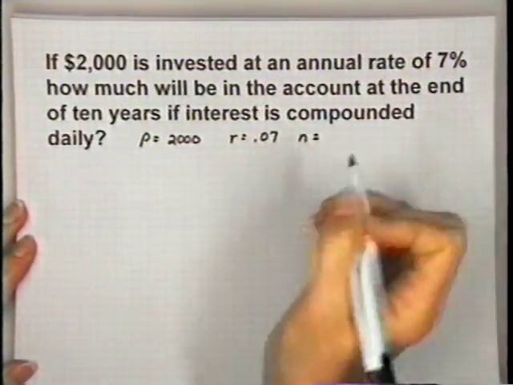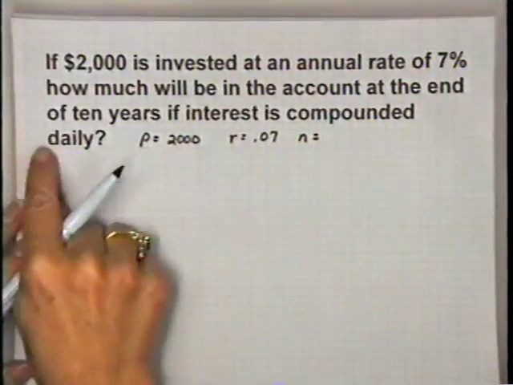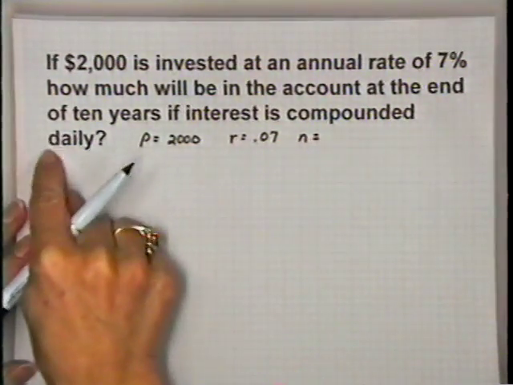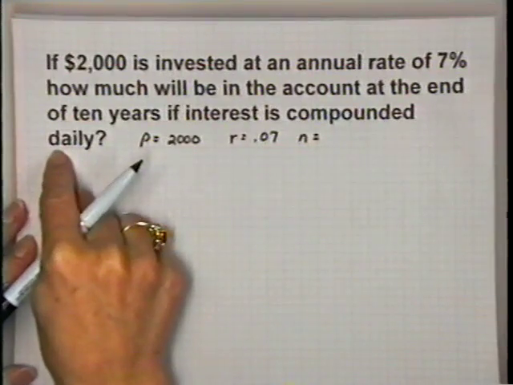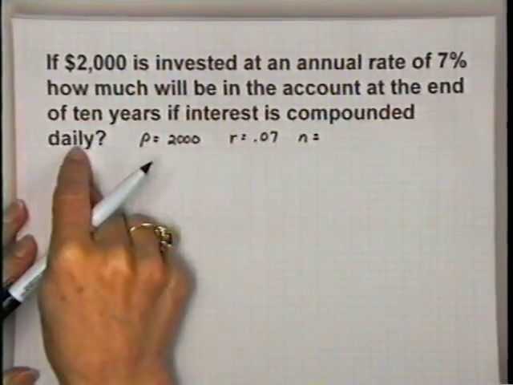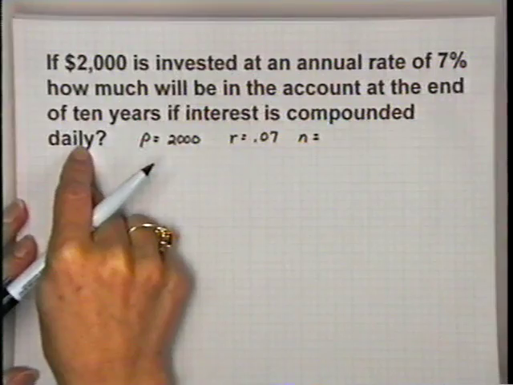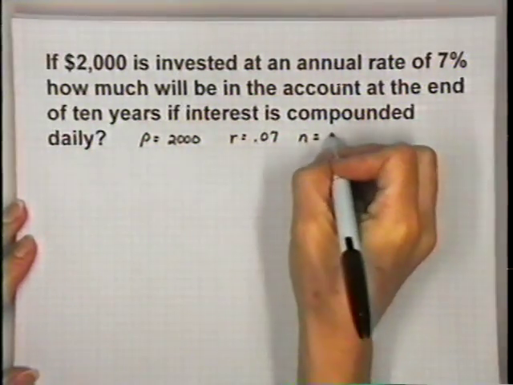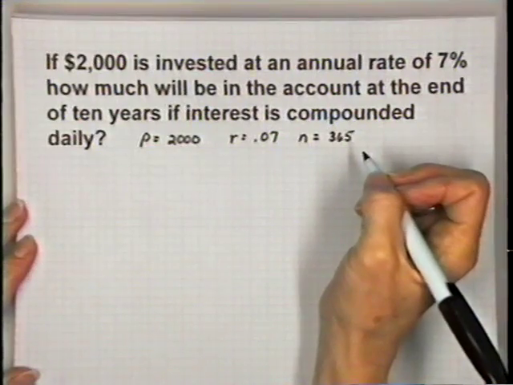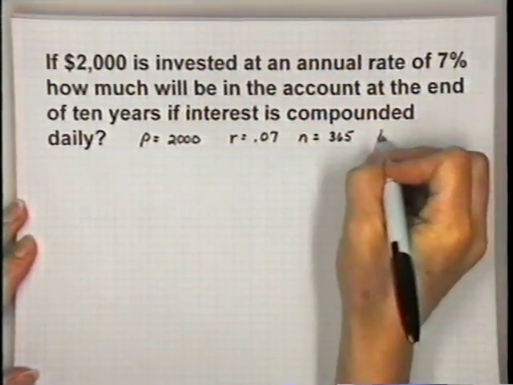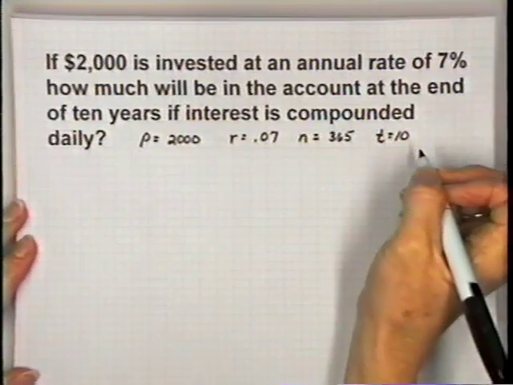N is the number of times that we compound. Now, when we compound daily, you know, of course, that some years have 365 days and some have 366. Normally, when you do calculations like this and it says daily, you just assume a 365-day year. So that's what we'll assume here. Now, our time, again, is 10 years, isn't it?